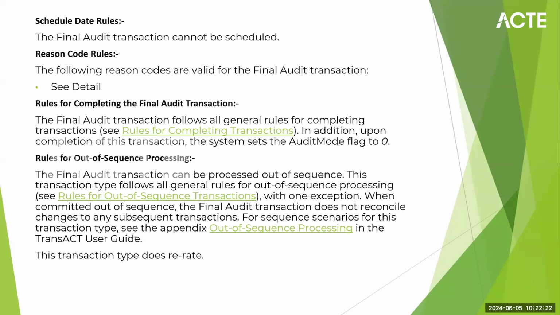Okay, nothing but suppose we have done any out of sequence transaction for the final audit, it will not do any of the changes. Okay. It will not reconcile the changes to any subsequent transaction. That means the previous transactions you have done will not be reverted back and are kept.